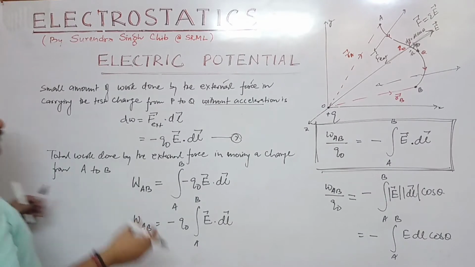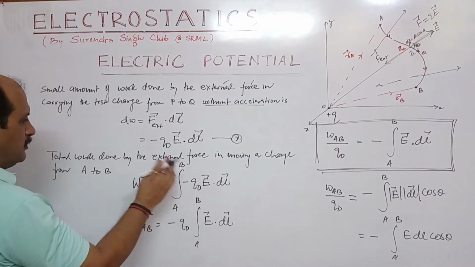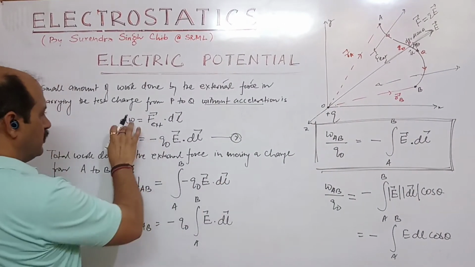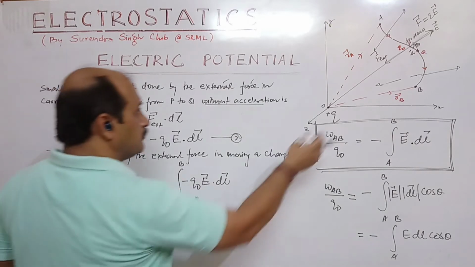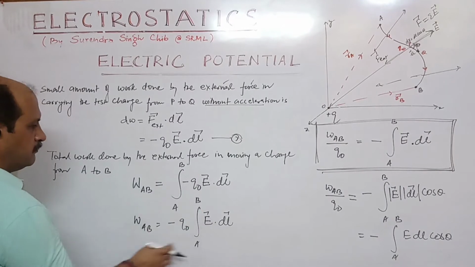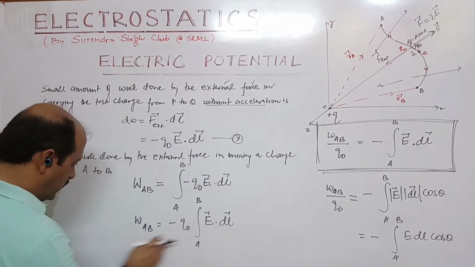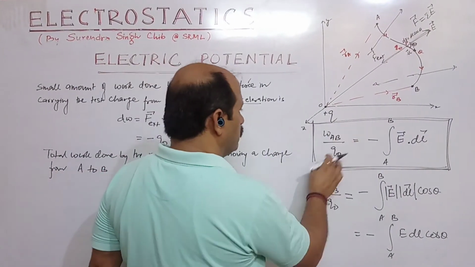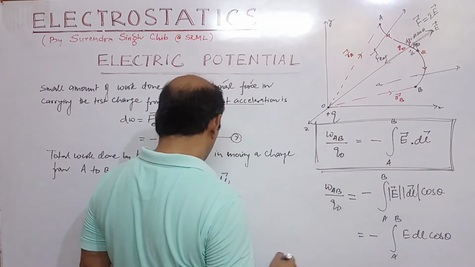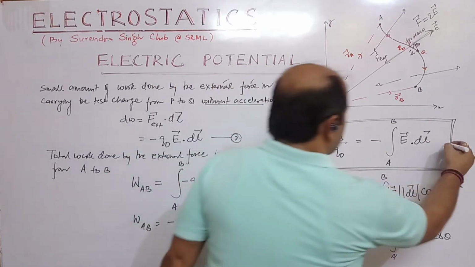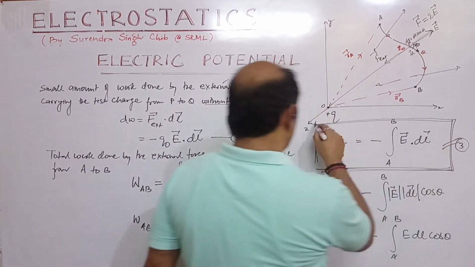Total work done from A to B, we will integrate: minus Q naught E dot dl. Minus Q naught is a constant, take it out. Now take it down: W_AB upon Q naught equals minus the integral of E dot dl. This is a very important expression. Say this is equation number 3.